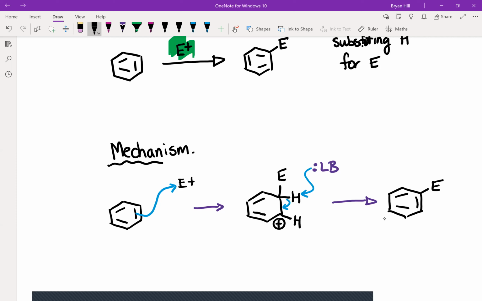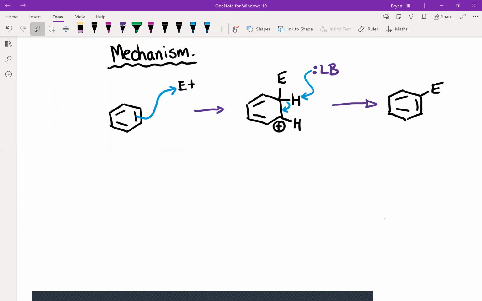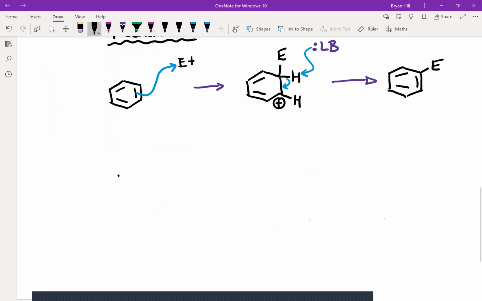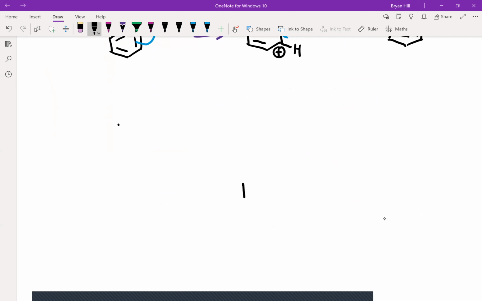So the various reactions that are talked about most often are, actually we'll do it with just benzene in the middle here. So the first one is a nitration.